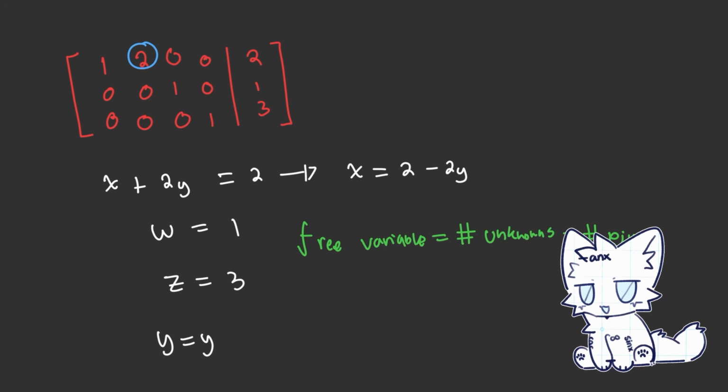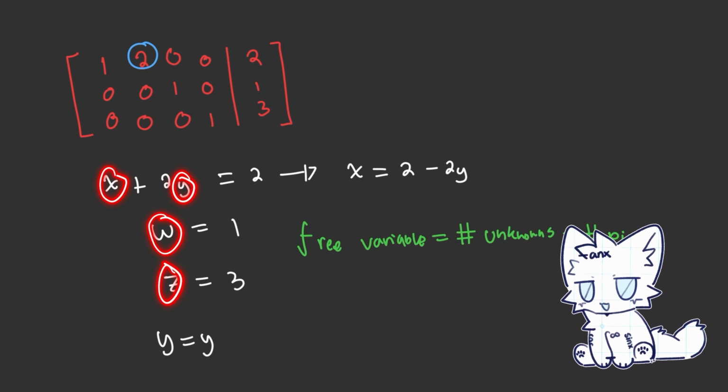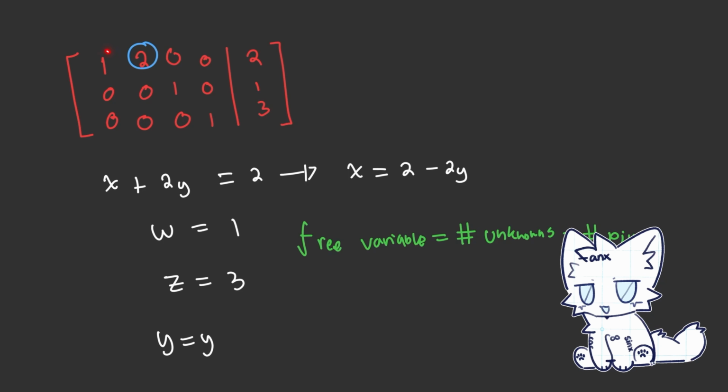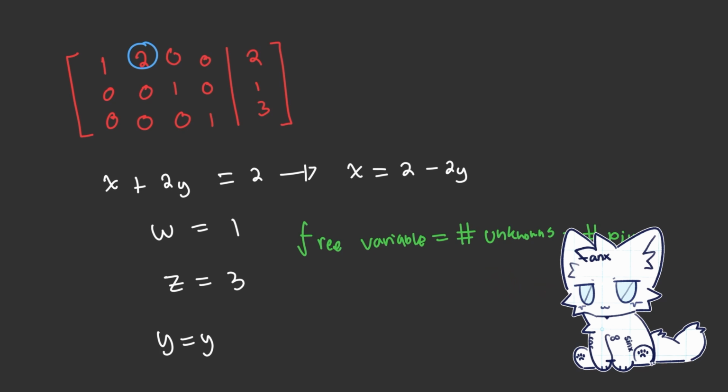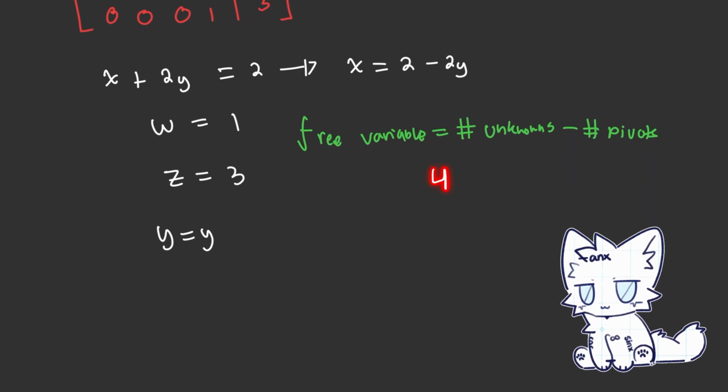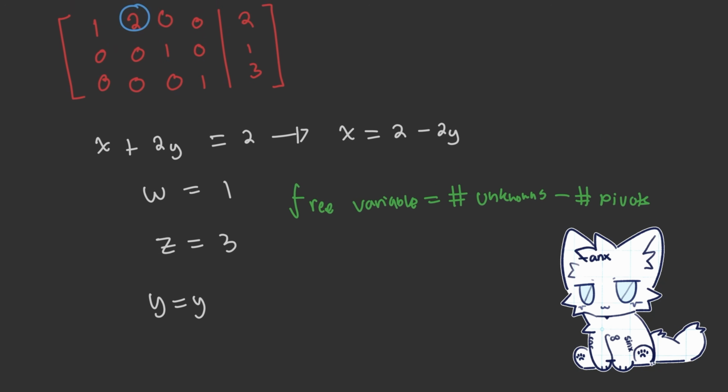We can make a generalization. We have 1, 2, 3, 4 unknowns, right? X, Y, W, Z. And we have only 3 pivots. So we can say for sure that there will be one free variable, because 4 unknowns minus 3 pivots is equal to 1 free variable.